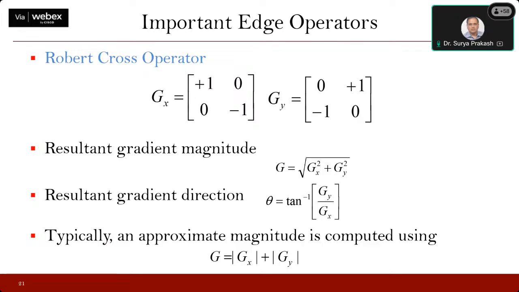Now this is the Roberts cross operator, and here the difference is in terms of the matrix size and also the direction in which you are computing the gradient.